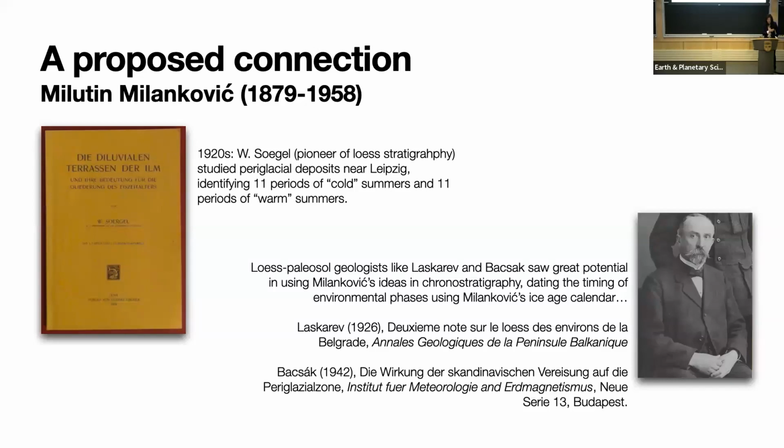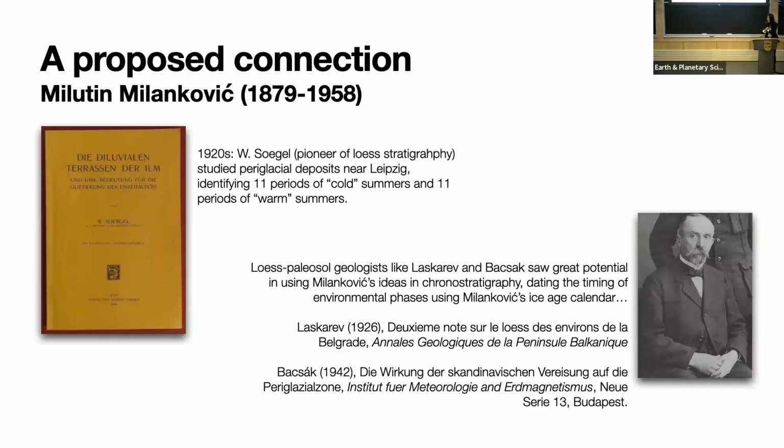Nevertheless, attempts were made to make use of Milankovitch's ideas. And so this slide is a culmination of several hours of Wikipedia and other rabbit holing into early 20th century loess studies of the Baltic region.